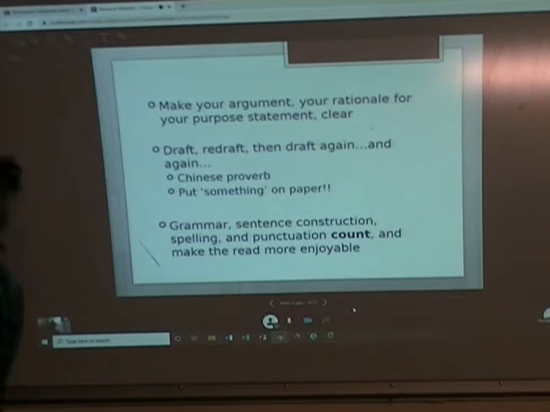Oftentimes when we're stuck with our writing, if we had read more, the writing would be a little bit easier. But because our reading has been a little bit narrow, it makes the writing quite difficult. Or we kind of know where we want to go, but we're not quite sure. If we read another paper, it might turn the light bulb on for us, okay?